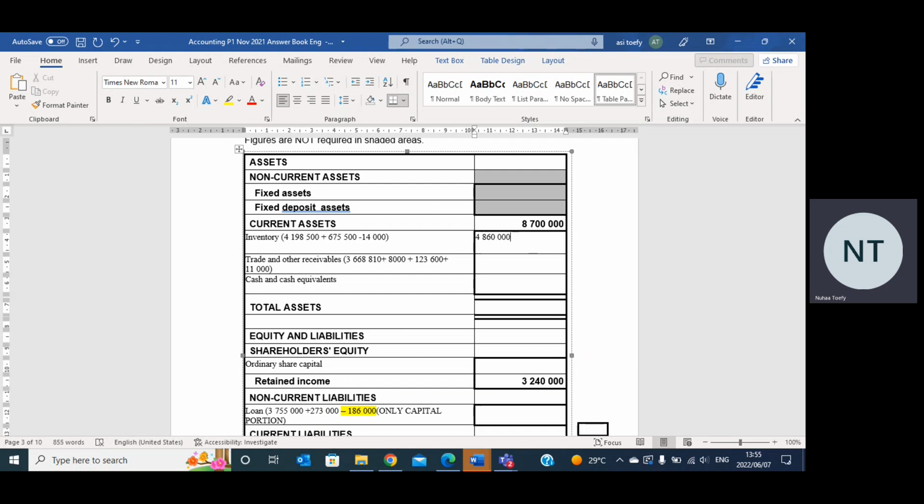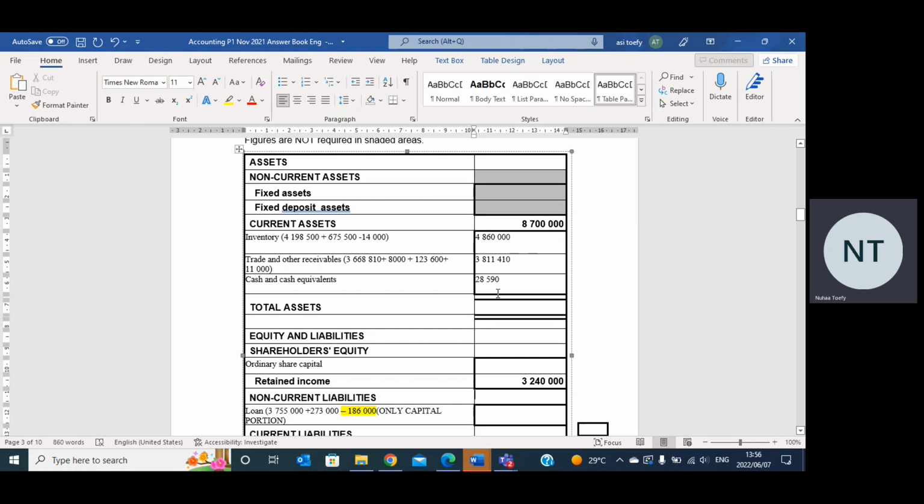Okay, and now I'm just going to put that information in, 4860. Okay, my trade and other receivables, sorry, this is 3811410. And my cash and cash equivalents, obviously, I'm going to need to get, sorry, I have that. So all I can do is subtract the 2, and I will get my cash and cash equivalents of 28590. So I take that, subtract these 2, and I'm left with that.